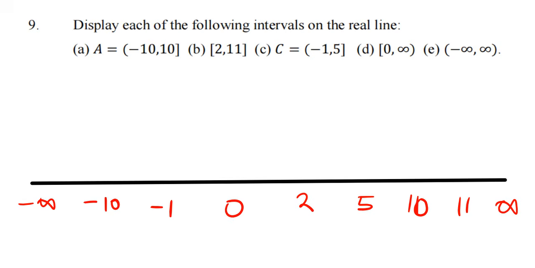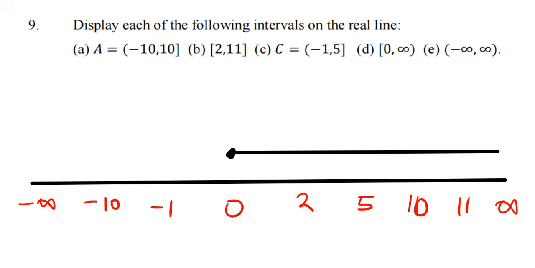Then we come to D. For D, we are moving from 0 to positive infinity. Since we don't know where infinity ends, however at 0, since it is closed, I'm going to shade there.